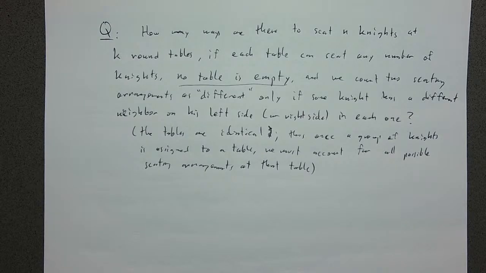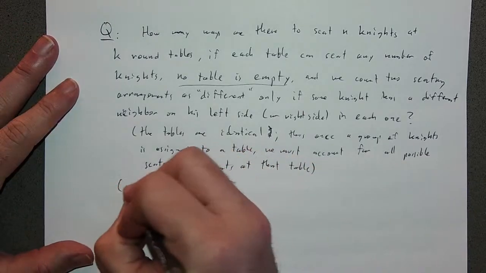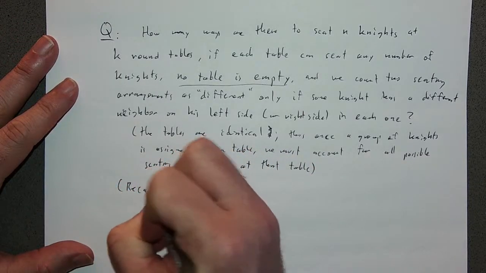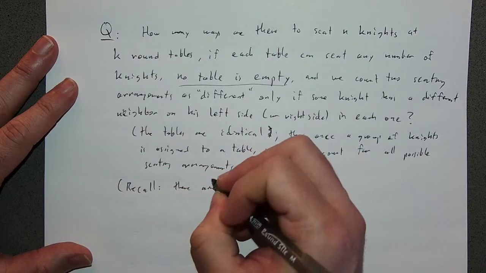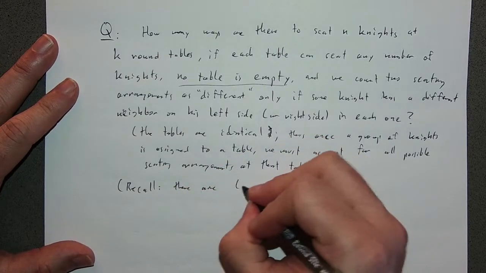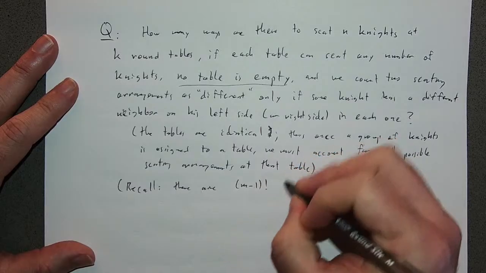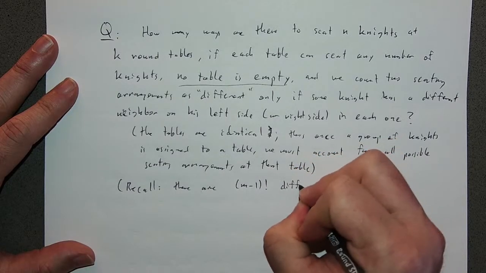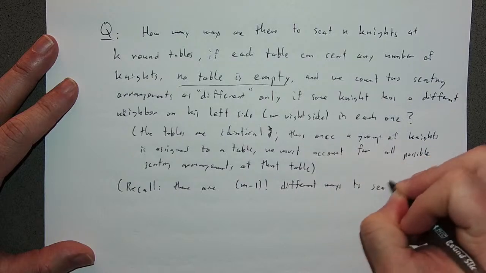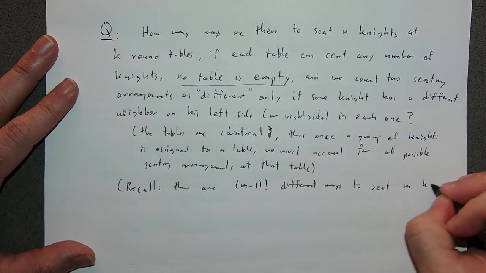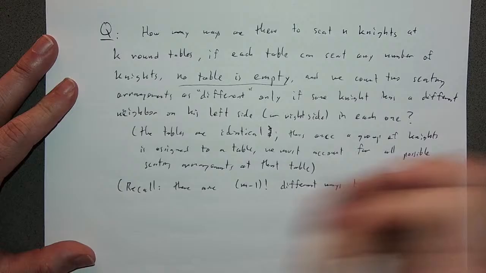So recall from this consideration, there are, say, m minus 1 factorial different ways to seat m knights at a single round table.